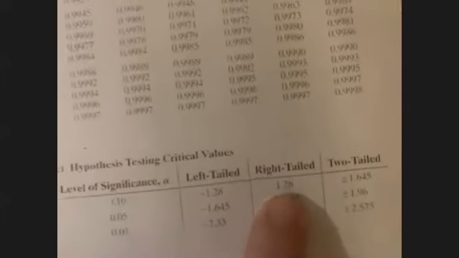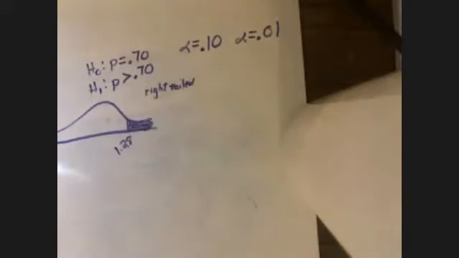Now, they have done the math for us though. So coming down here, our level of significance or our alpha is 0.10, which is this top one, and we are on a right-tailed test. So this is 1.28. So our critical value is going to be at 1.28 for this one.